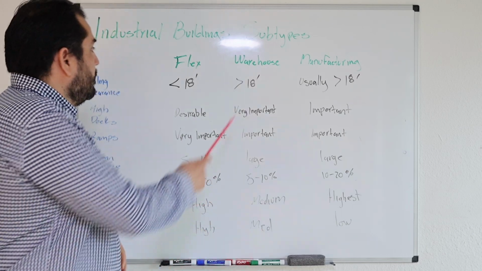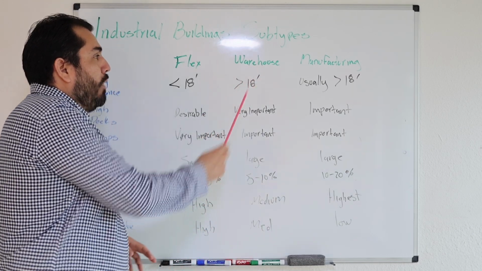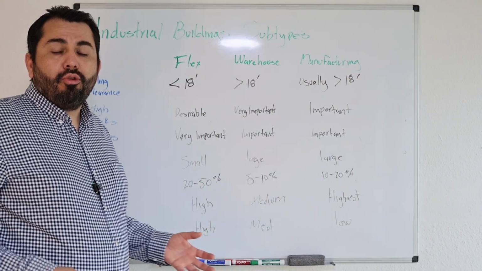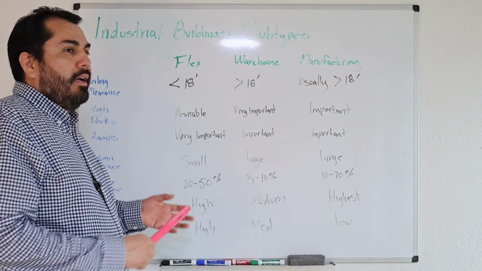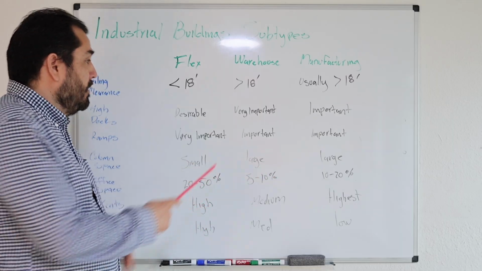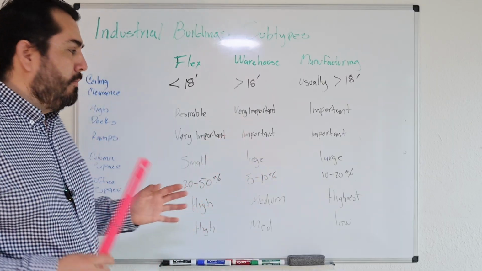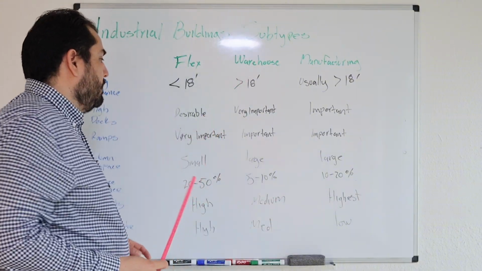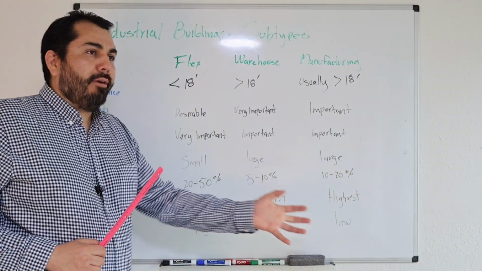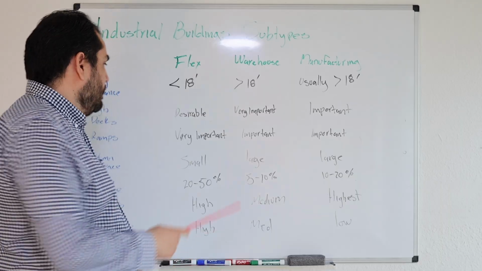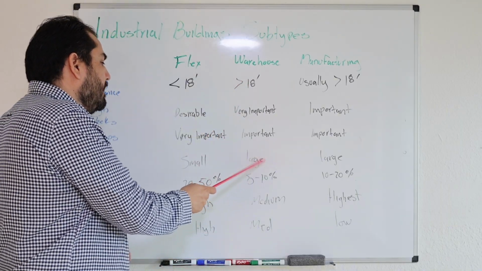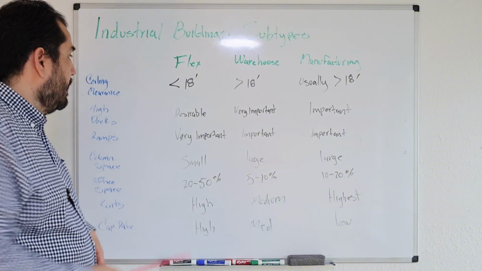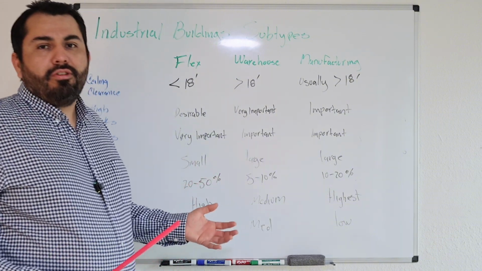Since warehouse and manufacturing are taller buildings, you will separate the columns more, and also because you will put racks inside in the warehouse and you need the space. So for warehouse, it is important to have a large space between columns. In flex, that's not too important.